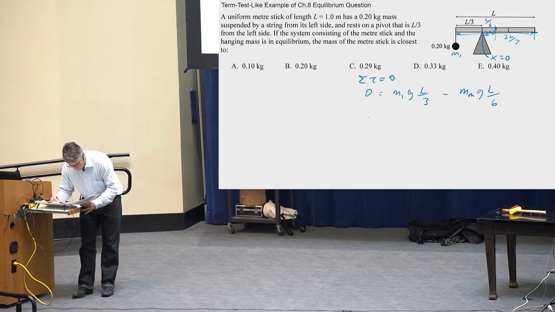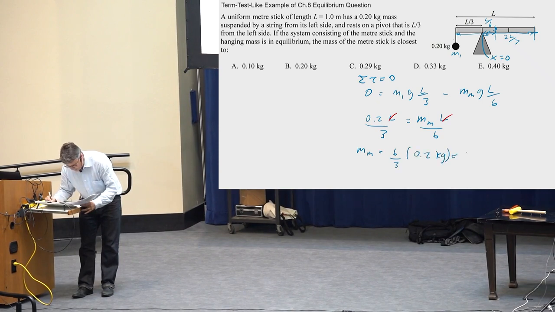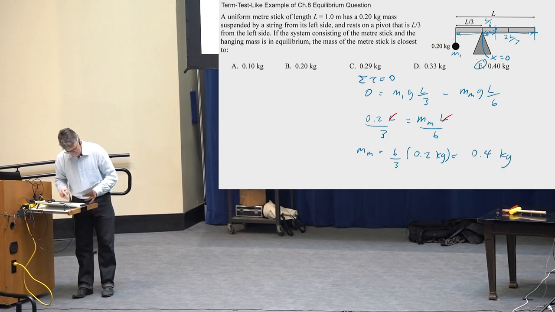So 0.2 times L over 3 equals mass of the meter stick times L over 6. The 100 centimeters cancels out on both sides. And you get the mass of the meter stick equals 6 divided by 3 times 0.2 kilograms. And you get 0.4 kilograms, which is E.